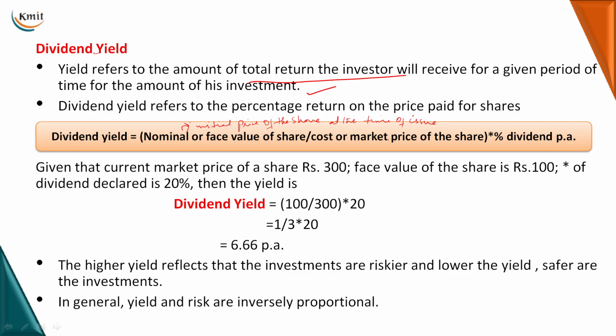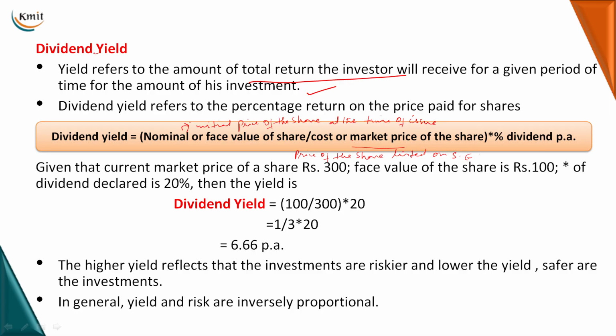Generally, this will be decided by the firm, whereas market price means the price of the share listed on the stock exchange. Generally, this will be higher than the face value of the share. Here is a small example.